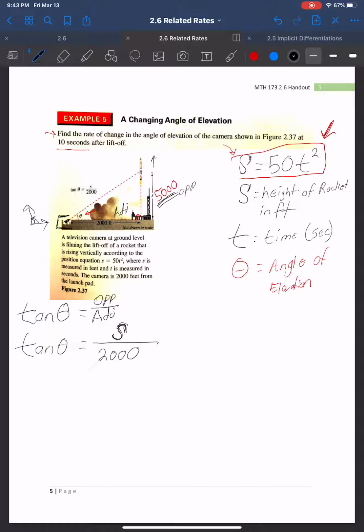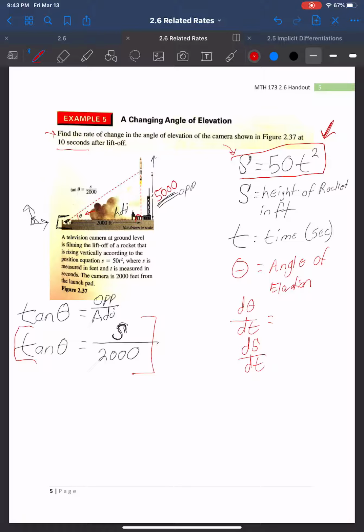S changes with time, theta changes with time. So if you take the derivative, and we are going to take the derivative of this, then at some point, if you take the derivative of theta, you're going to have a d theta dt. And if you take the derivative of S, you're going to have a ds dt.